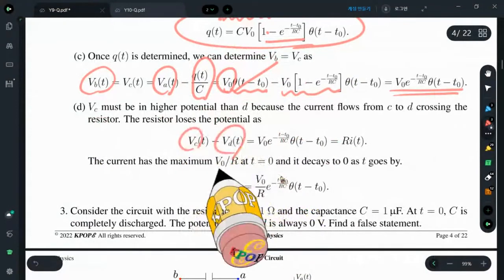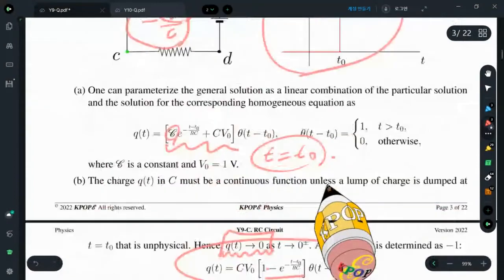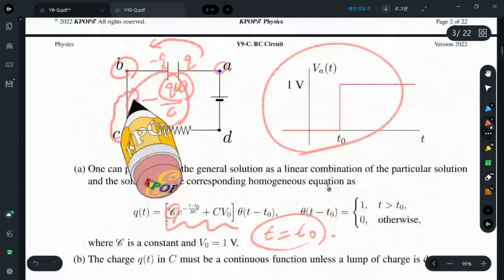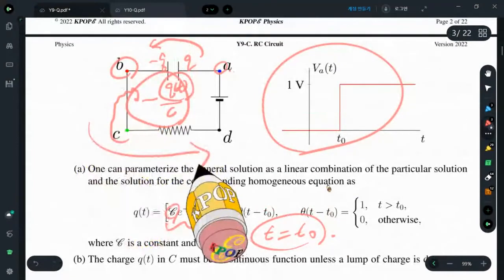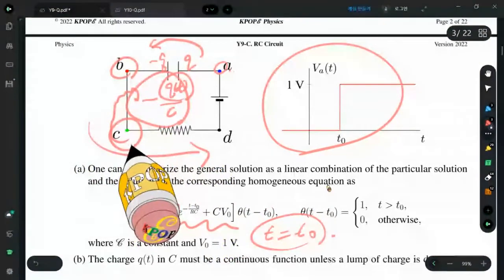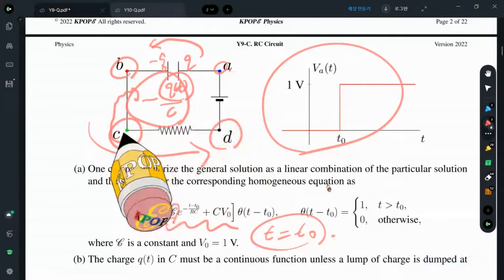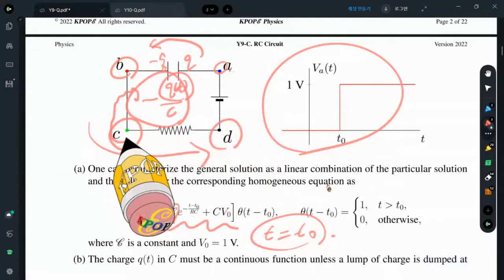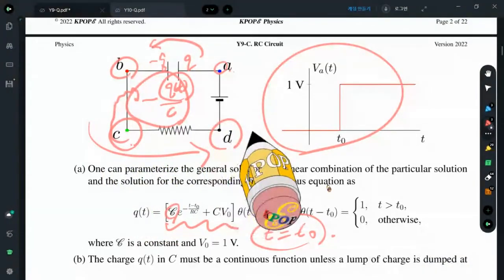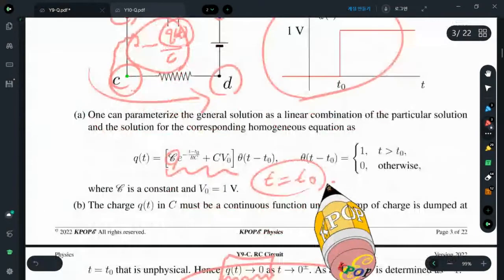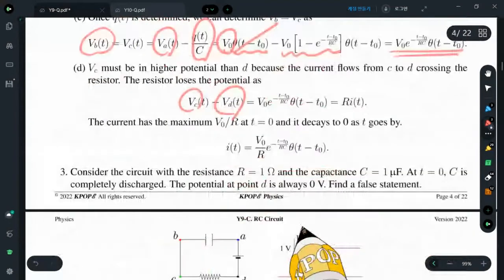And the CD difference. C is here. Current is flowing this way, so C is always higher than D. You need to remember whether C is higher or D is higher. You must know. That's quite important.